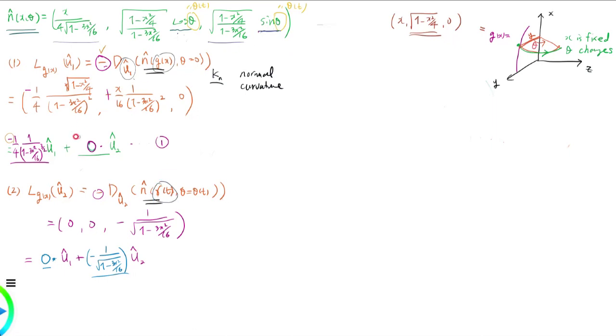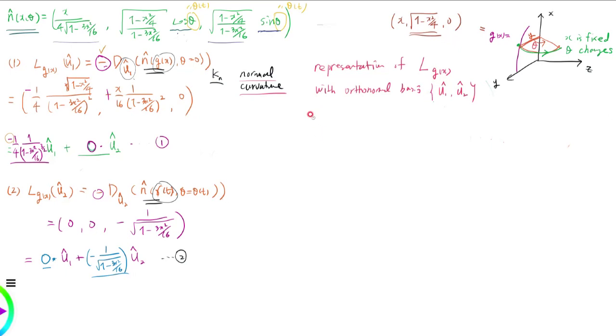So those two pieces of information contain information about normal curvature, and now we can find the matrix representation of this shape operator here, because we have orthonormal basis u1 and u2.